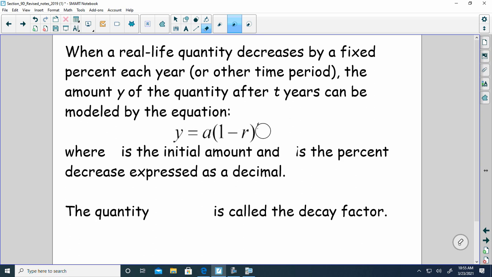So notice the main difference in this is we're subtracting versus adding, where r is the percent expressed as a decimal, and the quantity 1 minus r is called the decay factor. So it's decay if the value in parentheses is between 0 and 1. It's growth if it's bigger than 1.